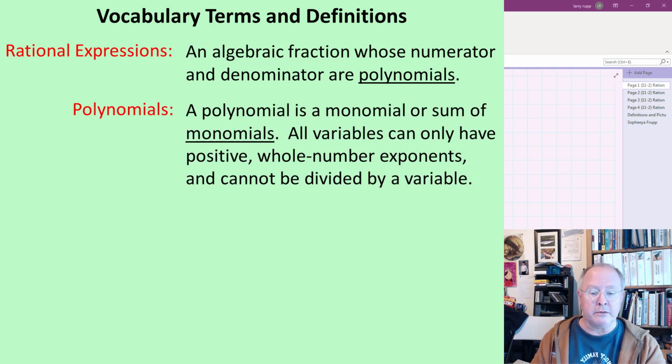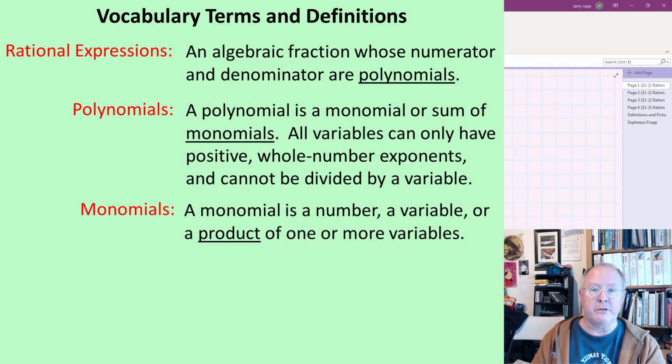A polynomial is a monomial or a sum of monomials. All variables can only have positive whole number exponents and cannot be divided by a variable. 1 over x is not a monomial. But what is a monomial then, you say?